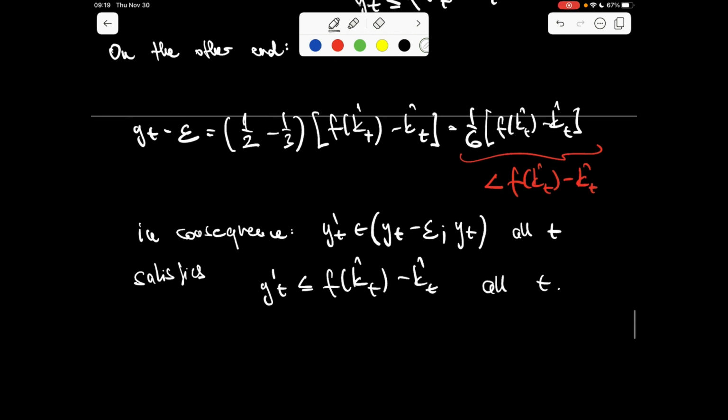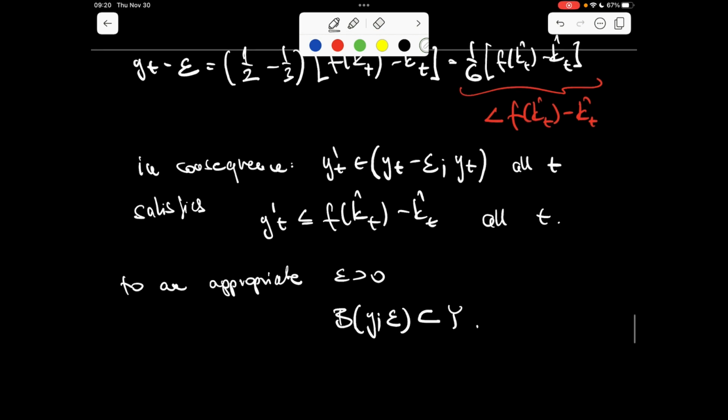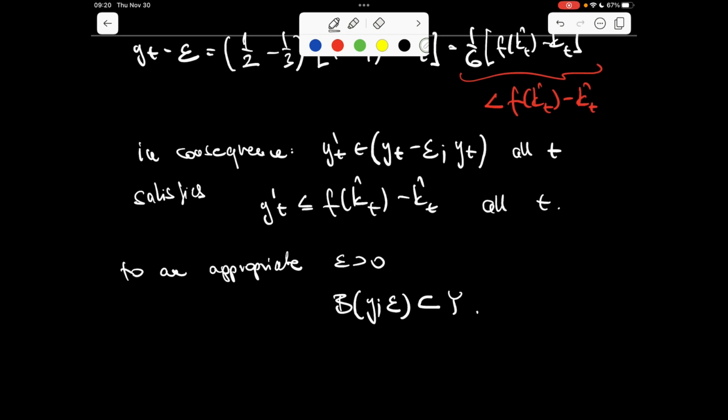So for an appropriate positive number, this ball is in the production set. So we can find interior points in the production set. So the production set has interior points. So assumption 15.5 holds.